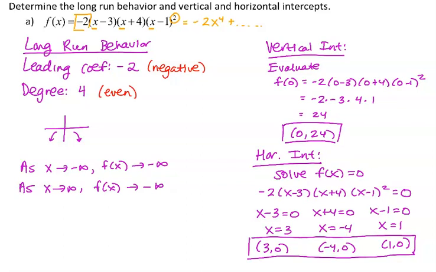So to find long-run behavior, we need to know the degree, the largest exponent, and the leading coefficient of our function. To find a vertical intercept, we evaluate, plugging in 0 for x. And to find horizontal intercepts, we solve, setting our function equal to 0 and solving for x.